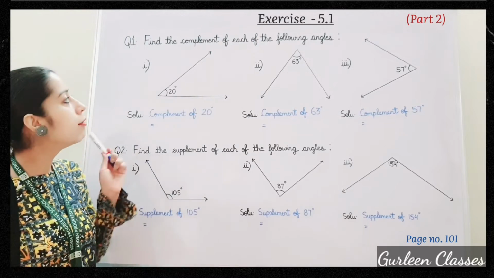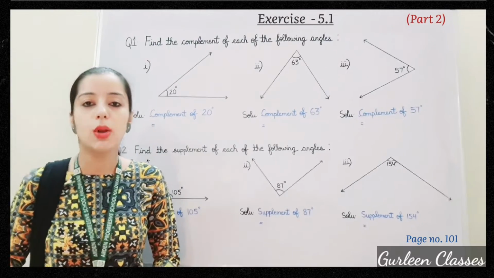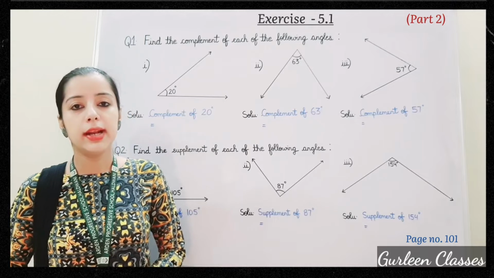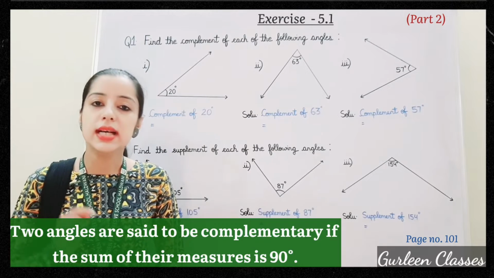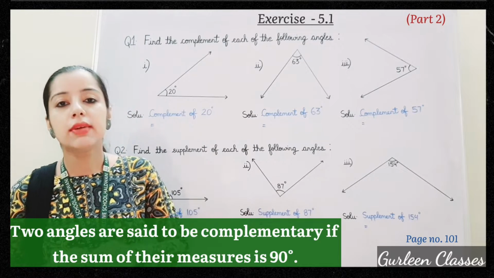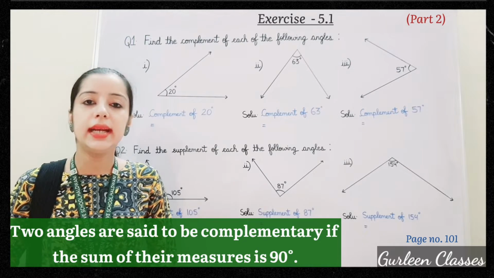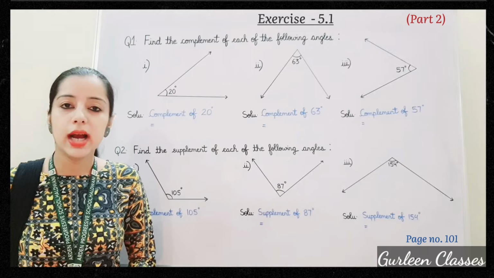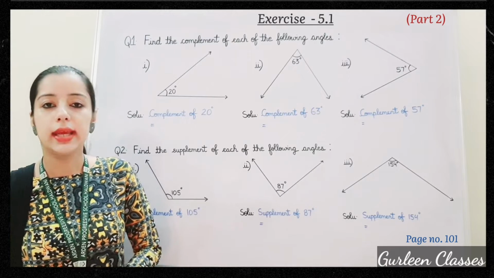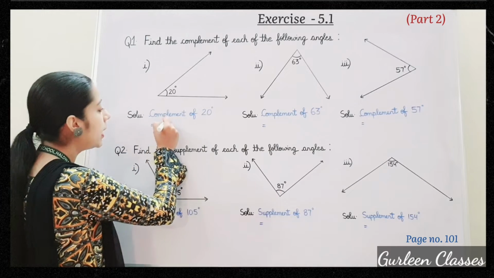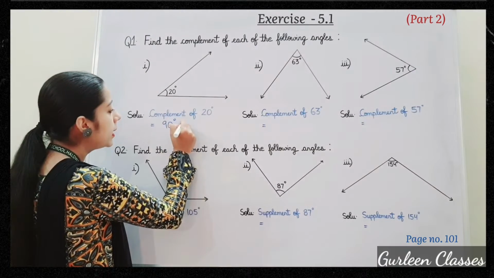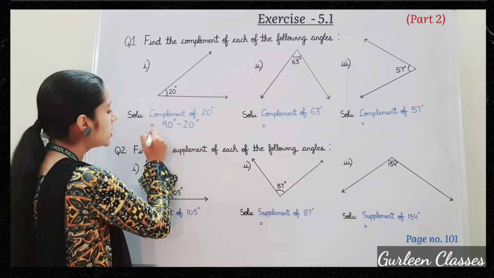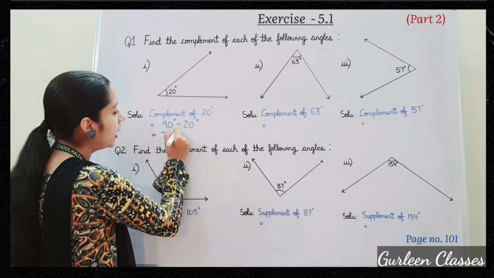Question number 1. Find the complement of each of the following angles. What are complementary angles? Two angles are said to be complementary if the sum of their measures is 90 degrees. First part, 20 degrees. We have to find the complement of 20 degrees. So we subtract 90 degrees minus 20 degrees, that is equal to 70 degrees.